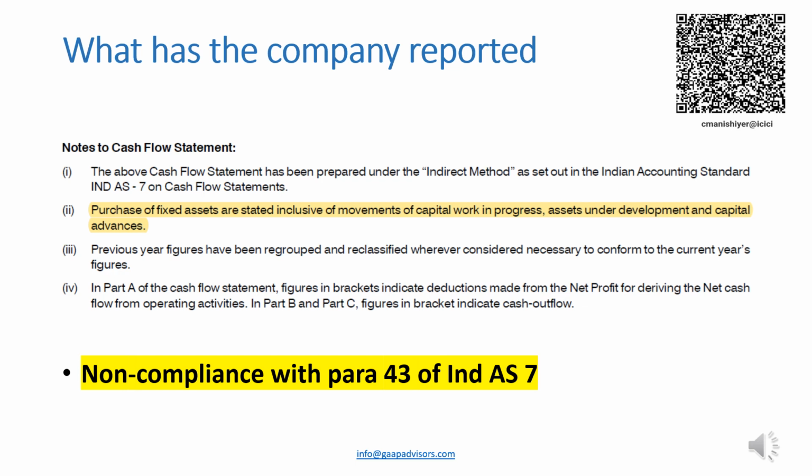In the same note, the company has disclosed that the purchase of fixed assets reported in cash flows from investing activities are inclusive of movements of capital WIP, assets under development and capital advances. Movements in capital WIP may include non-cash items such as the transfer from capital WIP to property, plant and equipment, capitalization of interest, provision for impairment, etc.